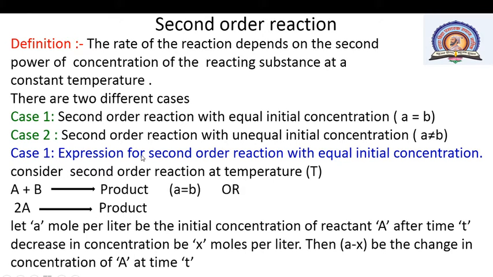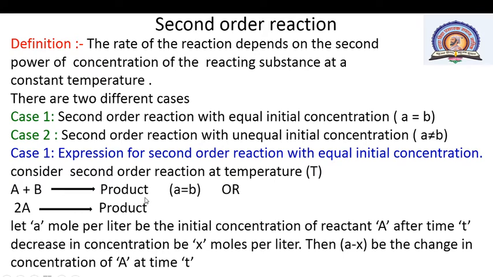First, case 1: expression for second order reaction with equal initial concentrations. Consider a second order reaction at constant temperature T. The simple reaction A plus B gives the product.